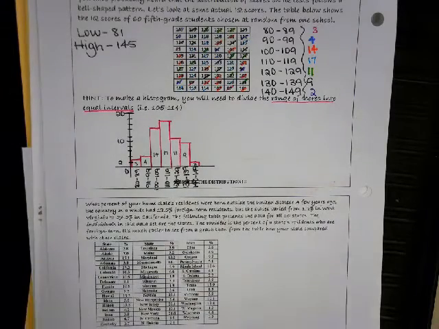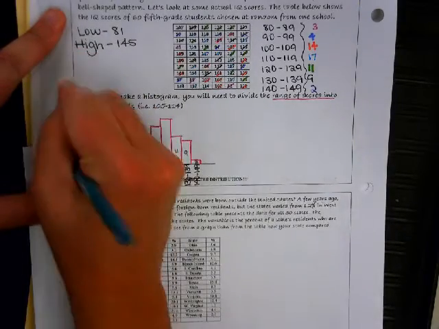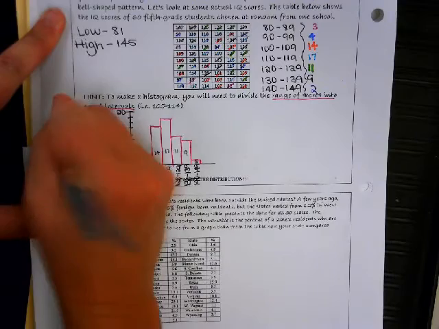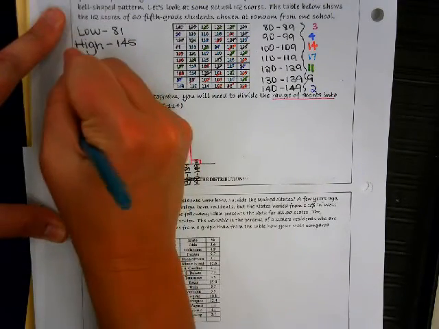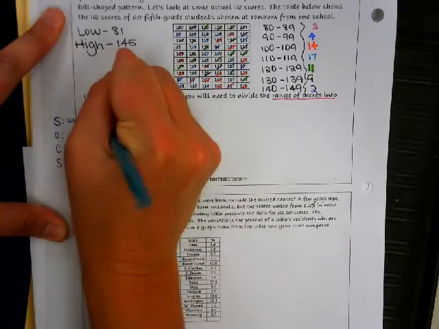Before I show you on the calculator, describe the distribution. So socks, what's the shape? Unimodal. What else? What's the symmetry? Skewed, symmetric, uniform. Relatively symmetric.